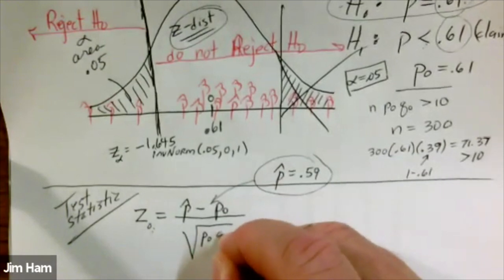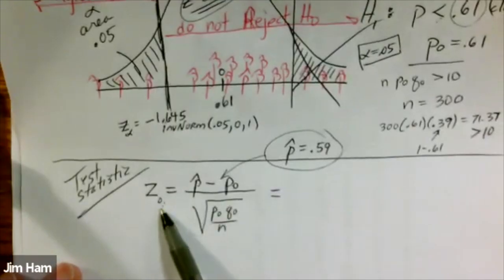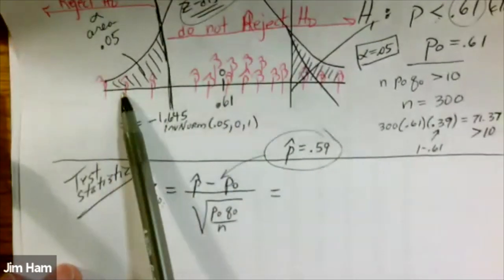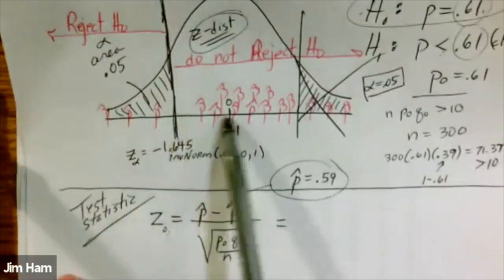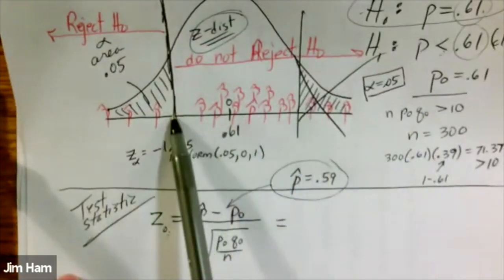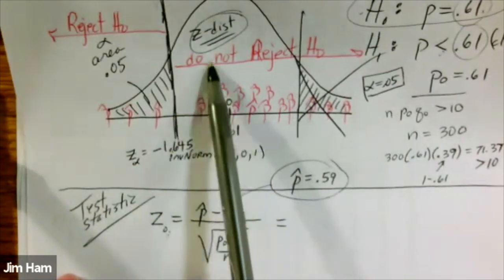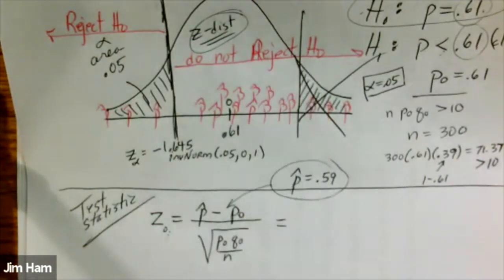And that is the square root of P0 times Q0 over N. All right, so this is a test statistic. So we're going to plot this test statistic and see where it falls. If it falls over here, we're going to reject the null hypothesis. And if that test statistic falls in here, over to the right of this line, then we're going to fail to reject the null hypothesis. And that's the classical approach.